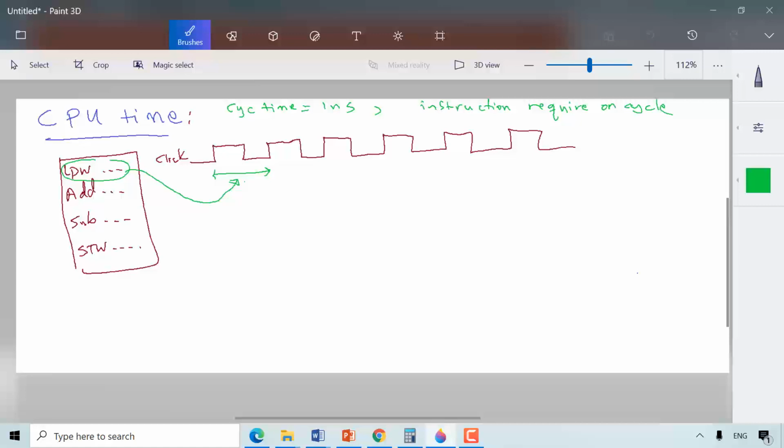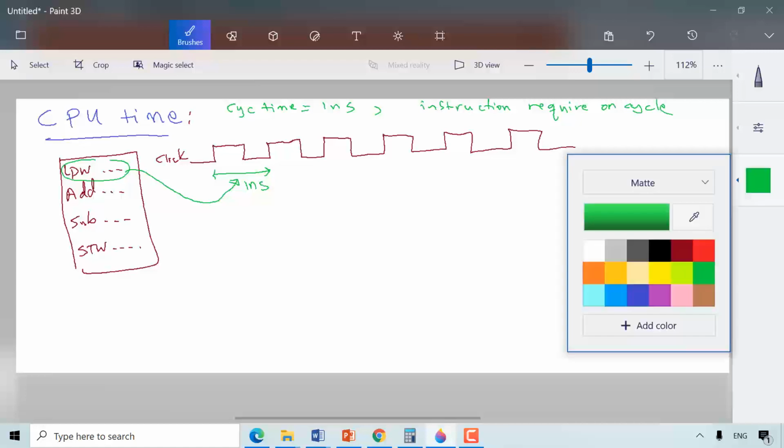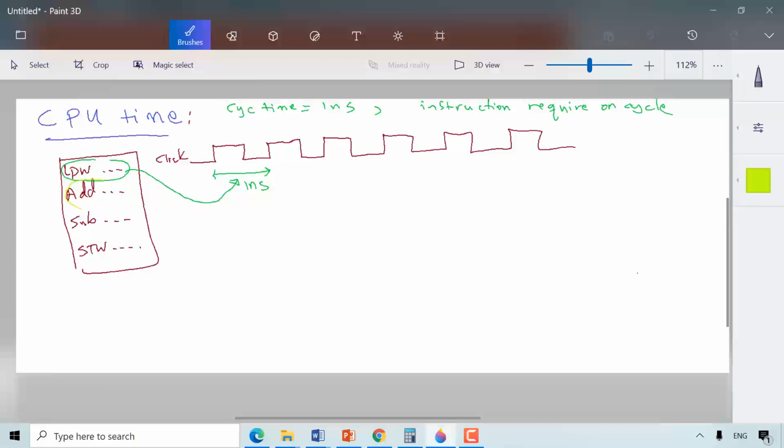This one cycle will take 1 nanosecond of the microprocessor. Now we go to the next instruction, which is the add. It is executed in the next cycle, another 1 nanosecond. So 2 nanoseconds to execute the first and second instructions.